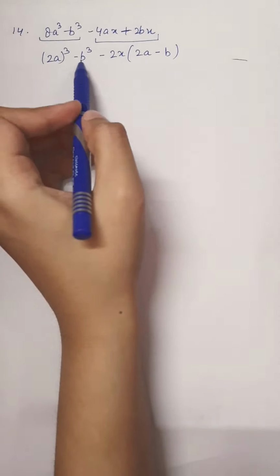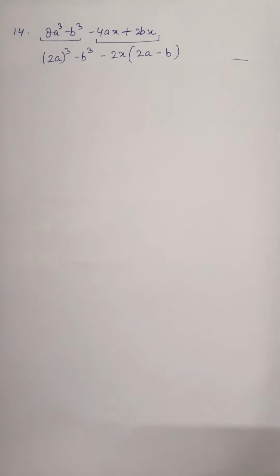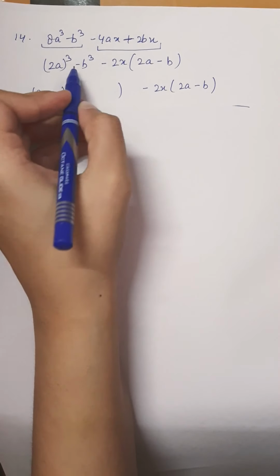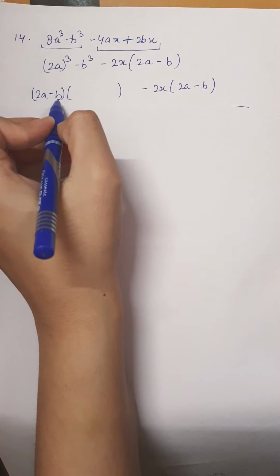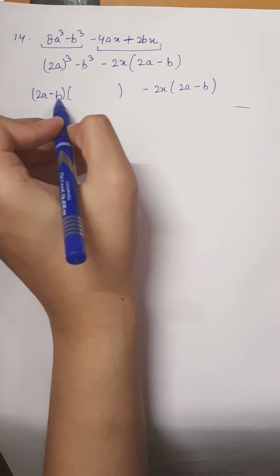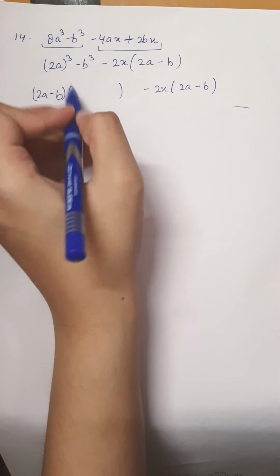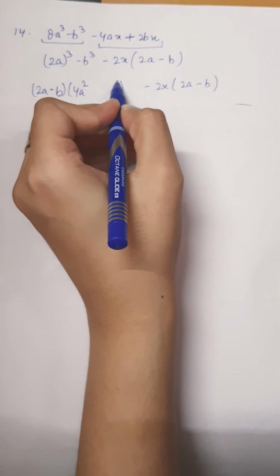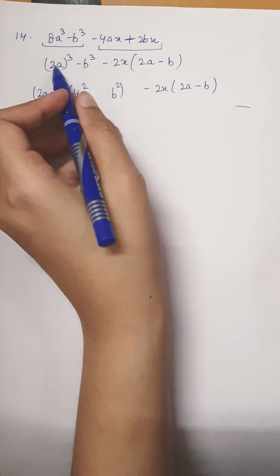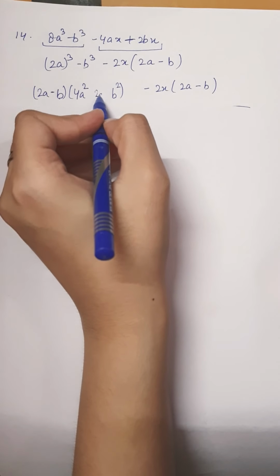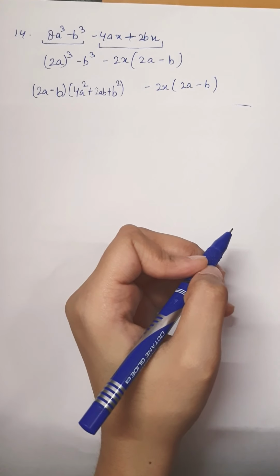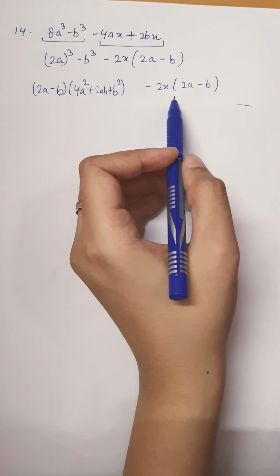Right? Now here I will apply identity. 2a, since minus sign is there, so 2a minus b, and in the other bracket square of first term 4a square, square of last term b square, and product of both of them 2a into b, both with plus sign, and second bracket as it is.